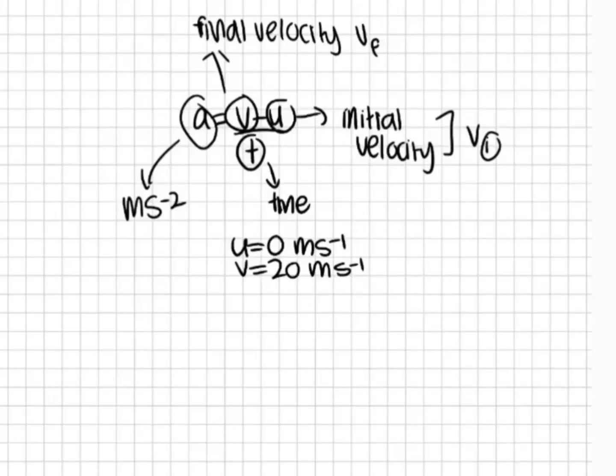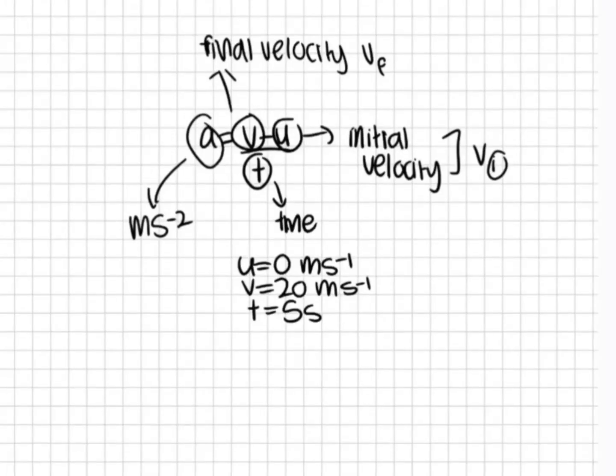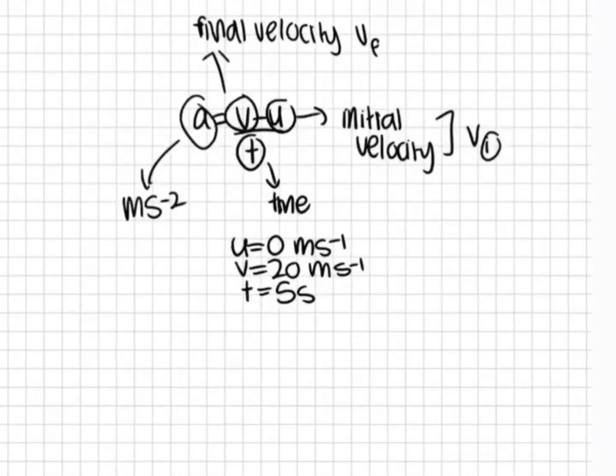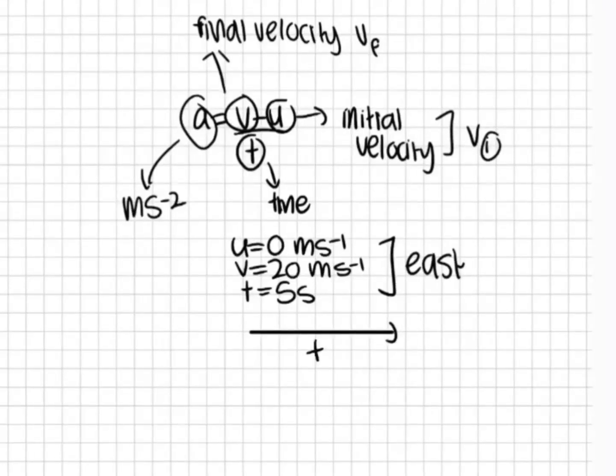And then the time taken for it to achieve this was 5 seconds. So t equals 5 seconds. And this is all in the direction of east. When we do this, we're going to define east as positive.